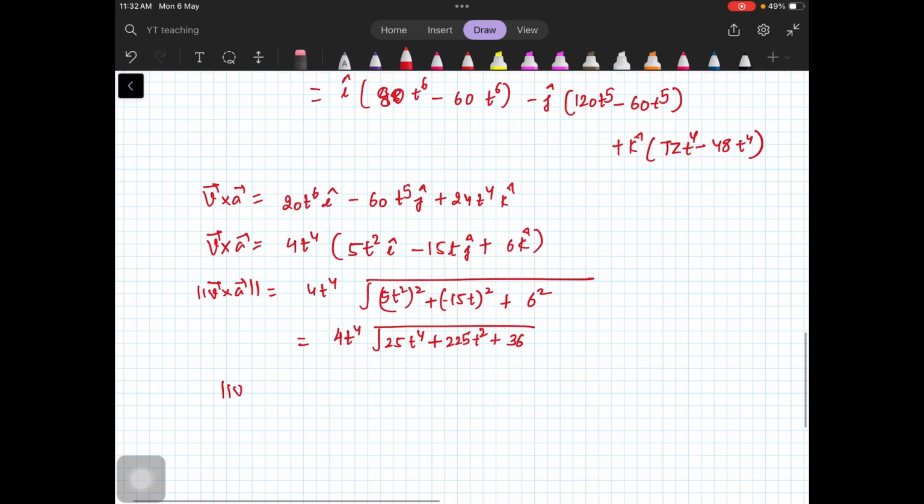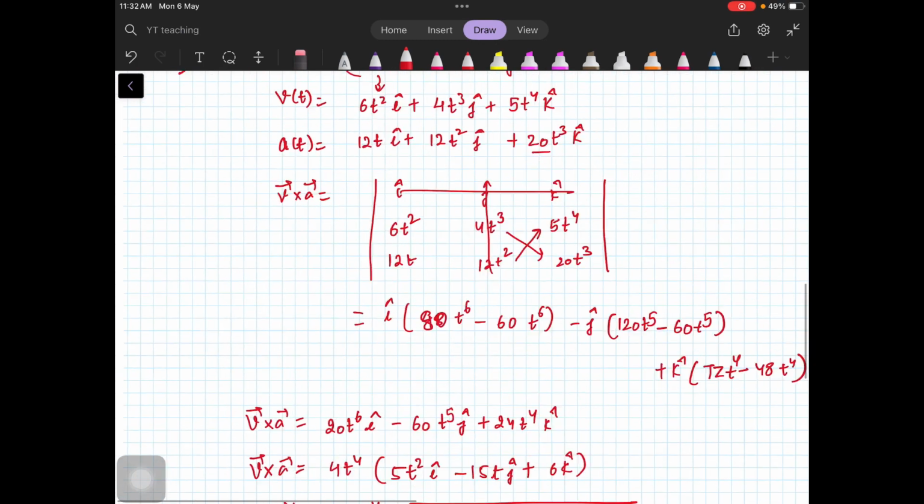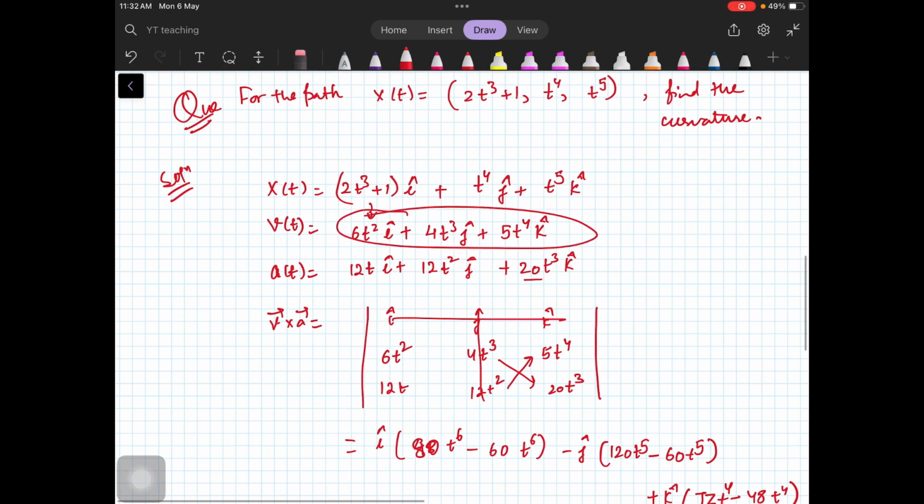And if you look at the velocity vector magnitude, we can find it from the velocity vector: that would be the square root of 36t raised to power 4 plus 16t raised to power 6 plus 25t raised to power 8.